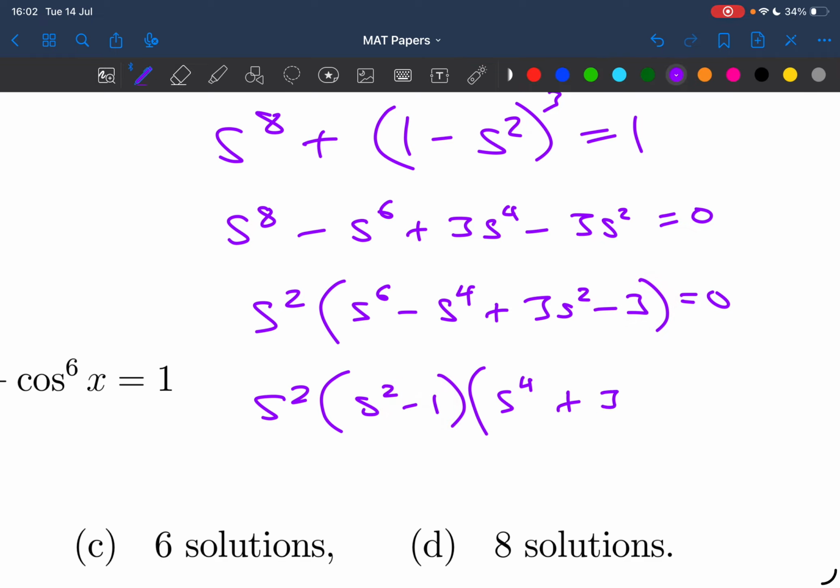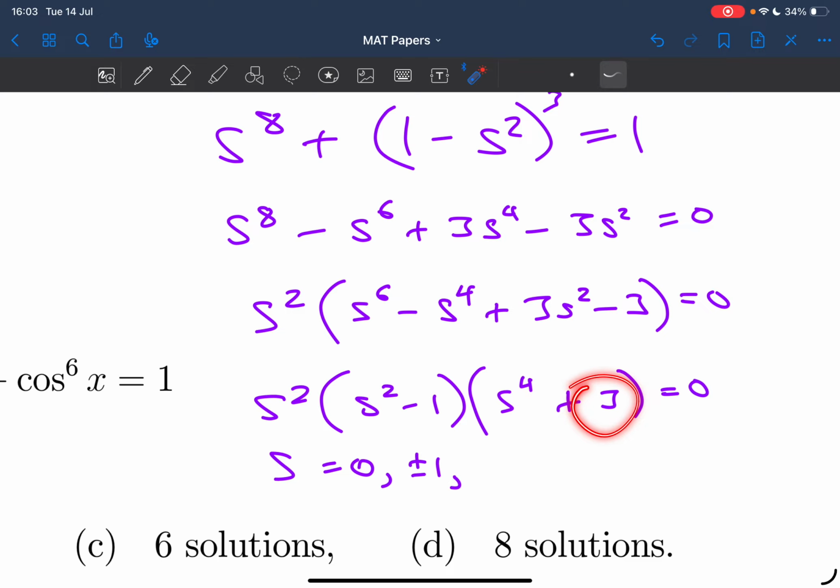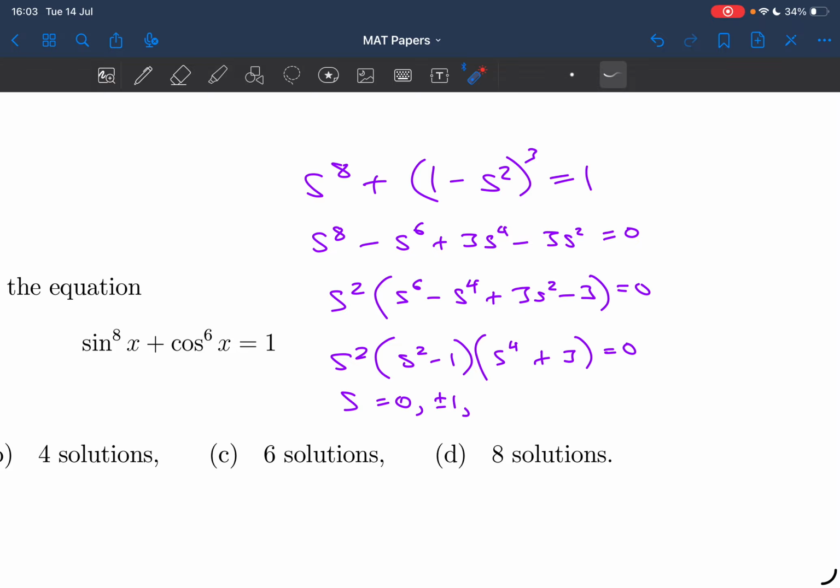So I need a plus 3 on the end. So either sine squared equals 0, or sine, I suppose we can think about it instead, will be 0, or plus or minus 1. Here you could have the fourth root of 3 times i, but we don't deal with that in this paper. So 3 solutions there for sine.